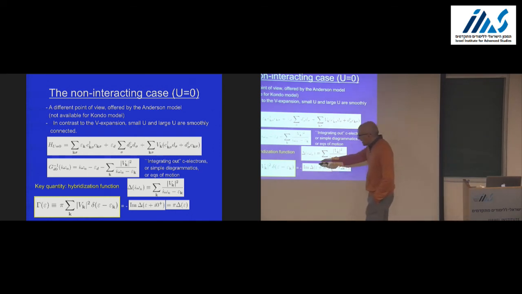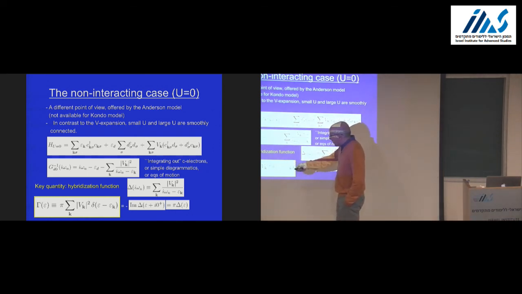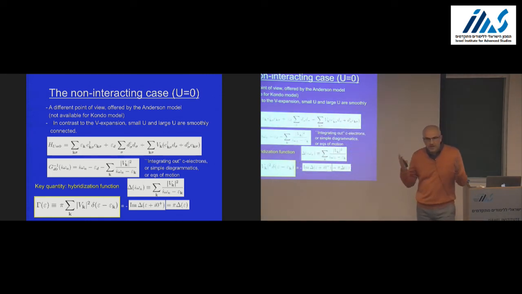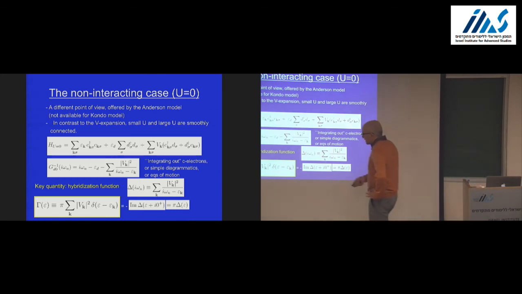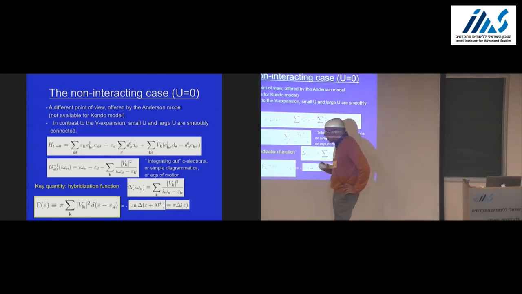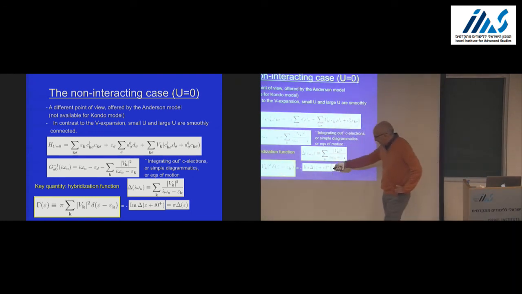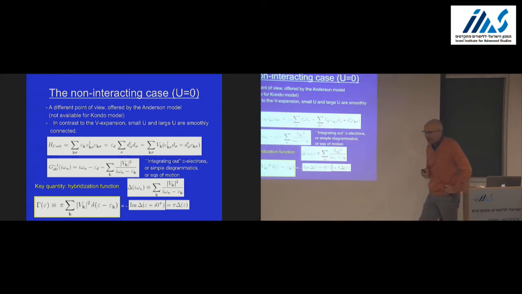So this is just telling me that the width of the level, because of the coupling to the bath, the level acquires now a finite width, and this width is actually pi times the square of the transition matrix amplitude times the available states at energy epsilon k in the bath. Okay?